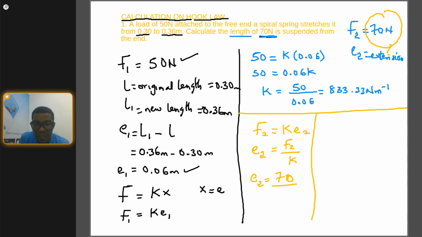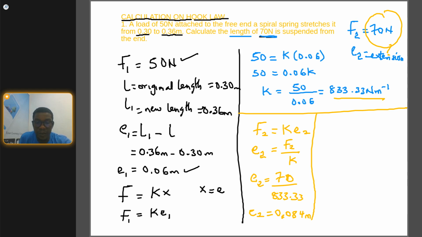The value of K is 833.33. Dividing 70 by 833.33, we are going to have 0.084 meter.